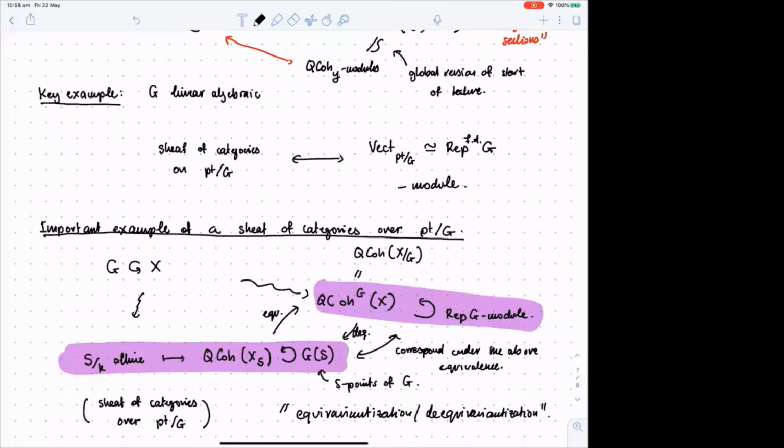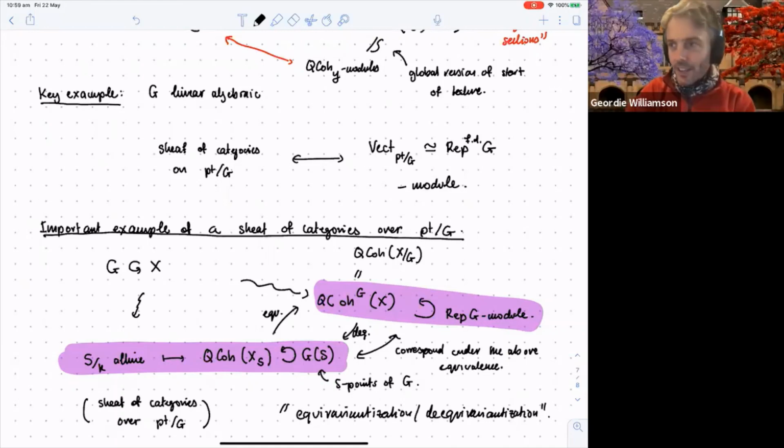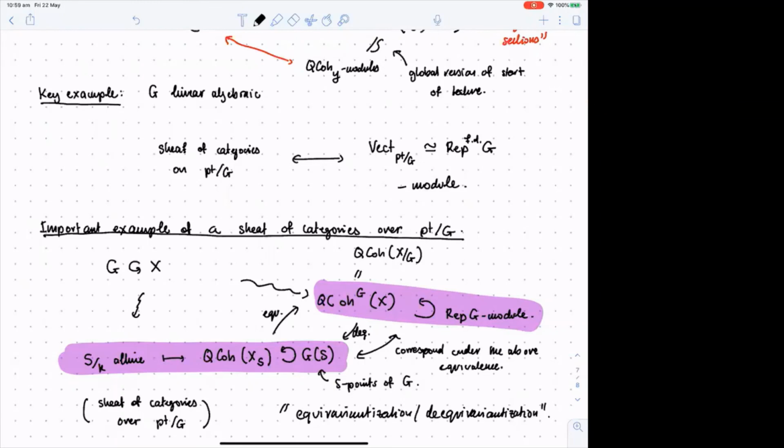What happens if you add the stack condition, like to my interpretation of a sheaf of categories? So I don't think I understand the question yet. I'm expecting a sheaf of categories to be a pre-stack over affine schemes over Y. Mm-hmm.